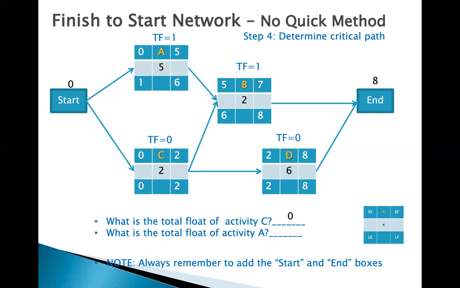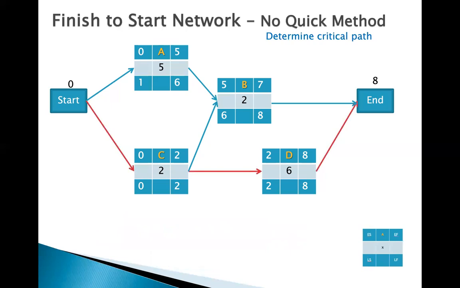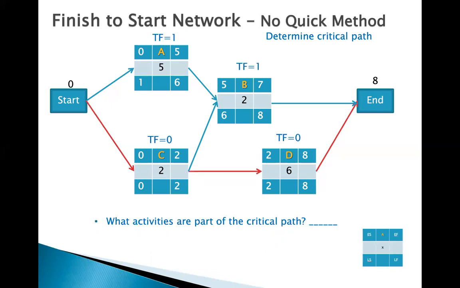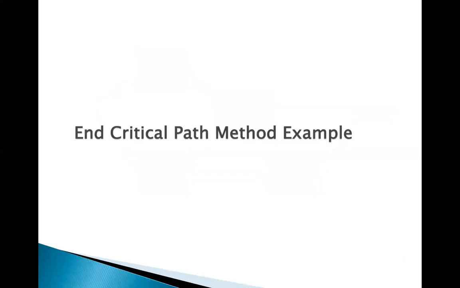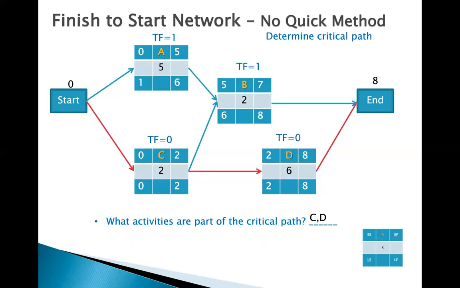For this network, for this project, the critical path, I'm going to put it in red color, is C and D: start, C, D, and end. Remember, the critical path is the longest path in the network, and also the shortest time in which you can finish all the activities of the project.